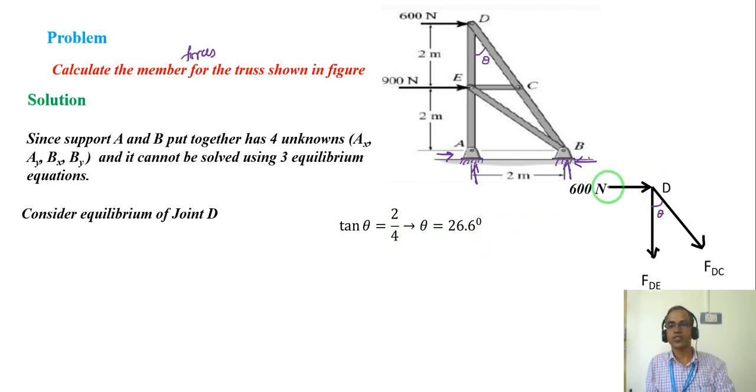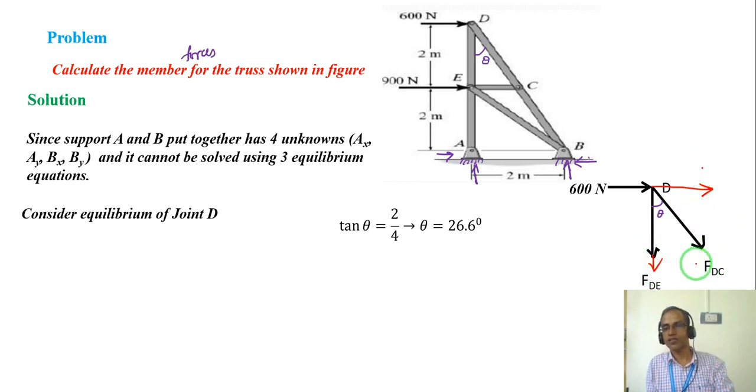Now since the 600 Newton force is horizontal and FDE is vertical, only FDC is inclined. If this force is aligned to the horizontal and vertical, I will be happy. So we can align this FDC force into components, one this way and one this side.